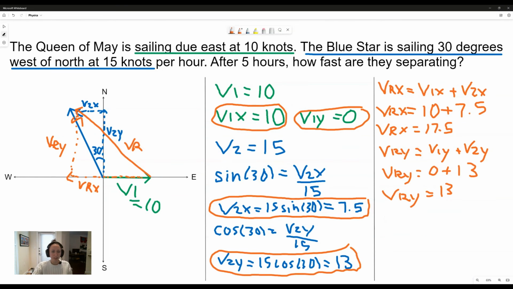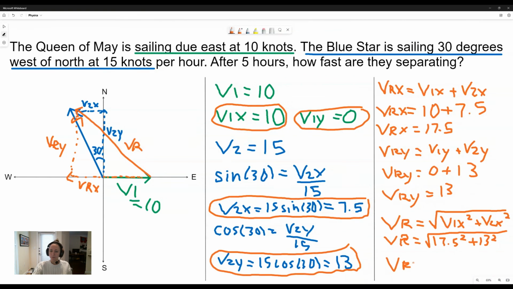Great. Now we just need our final resulting vector. You might know from vector rules that you can find a vector's magnitude from its components by taking the square root of each component squared. This rule comes from Pythagoras' theorem. So all we need to do now is plug our components into the rule: 17.5 squared plus 13 squared.